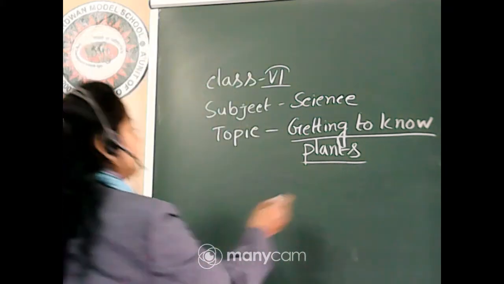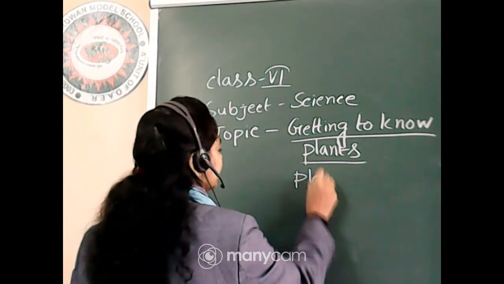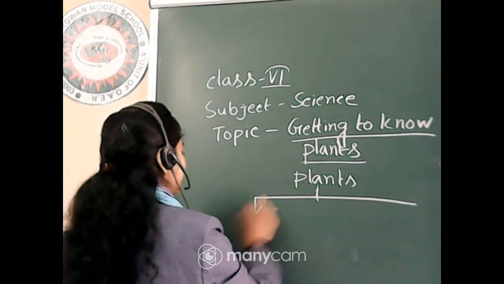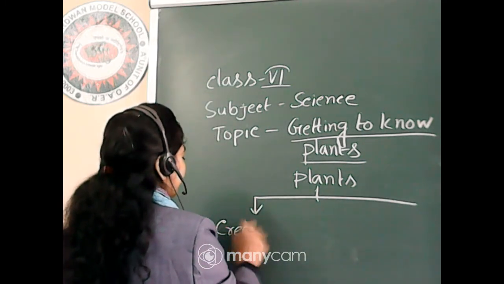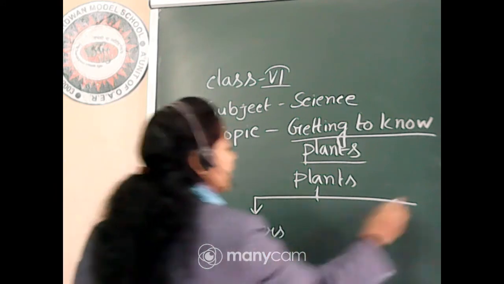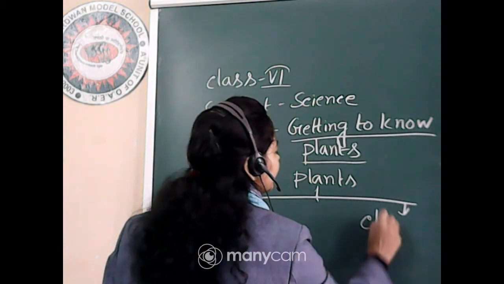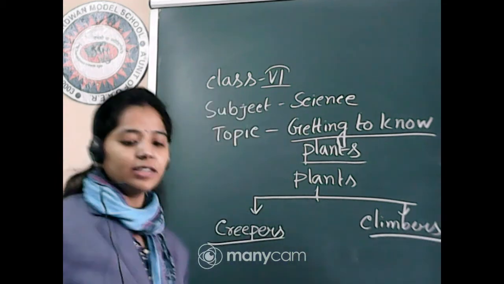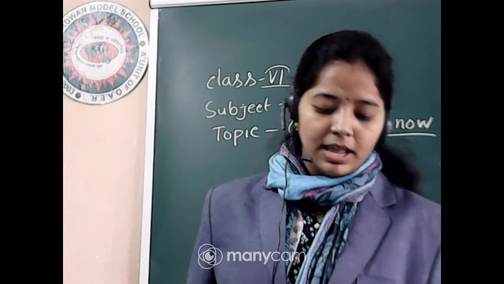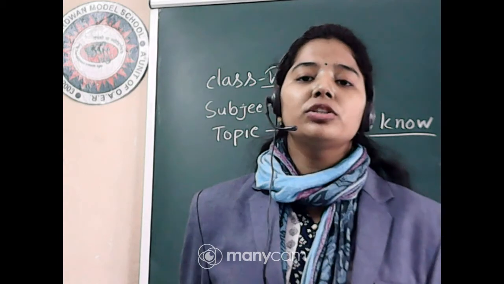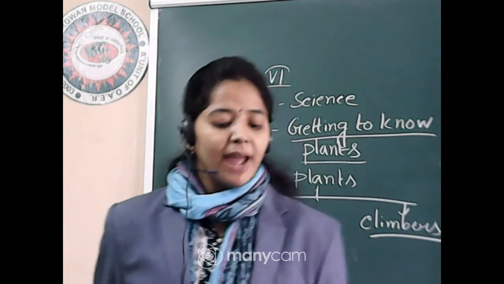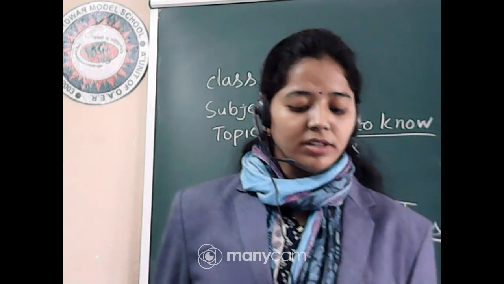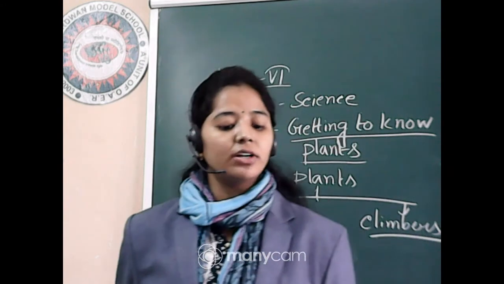Another two divisions of plants: one is creepers and another is climbers. Now, what are creepers and what are climbers? Both have weak stems. Creepers are plants with weak stems that cannot stand upright but spread on the ground.